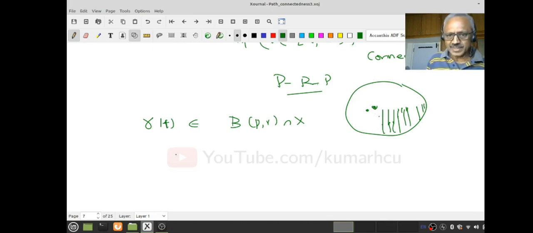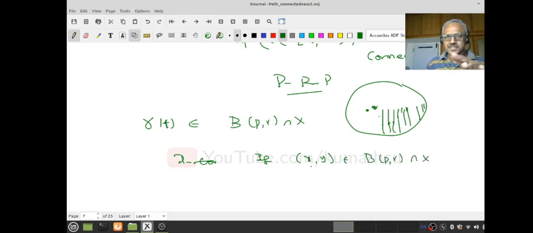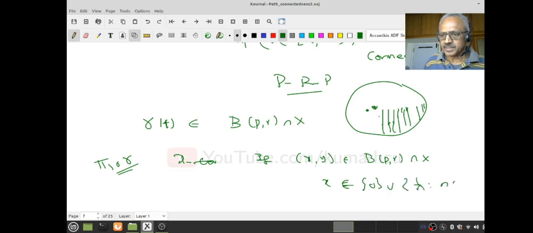And therefore what are the x coordinates? If the point (x, y) belongs to B_P(R) intersection X, again this x is not the function x; if you want, keep it as pi_1 composite gamma. Then what are the possible values? x has to take values in {0} union {1/n}, where n is a natural number. In fact, we even know what that n should be.